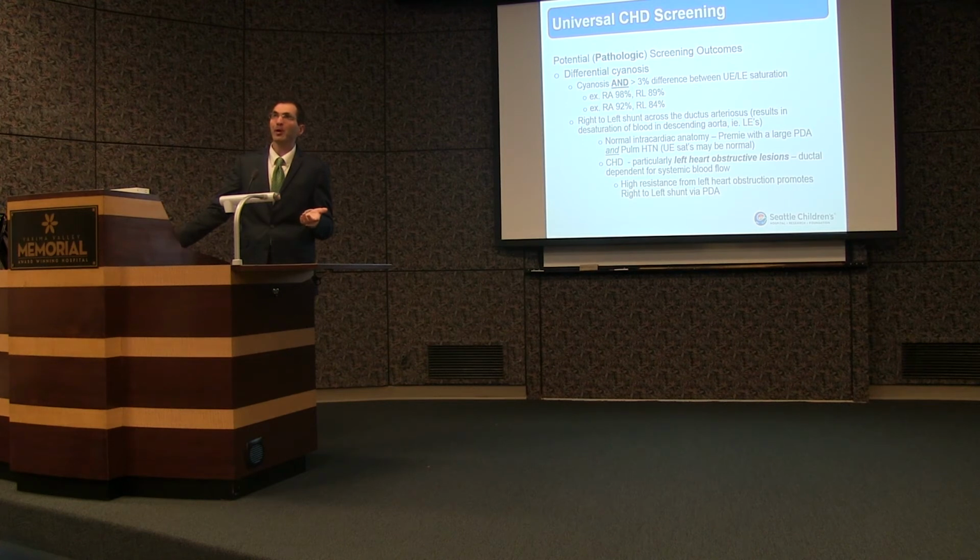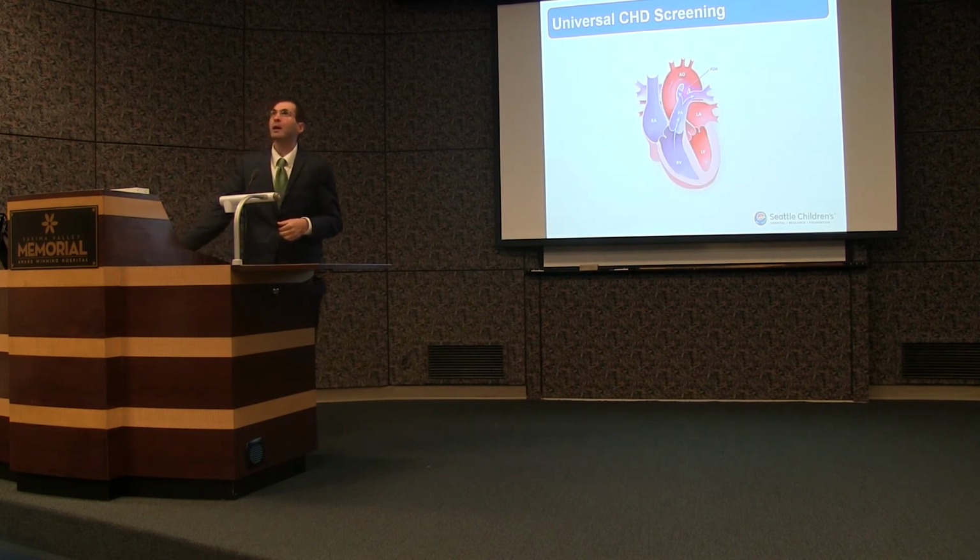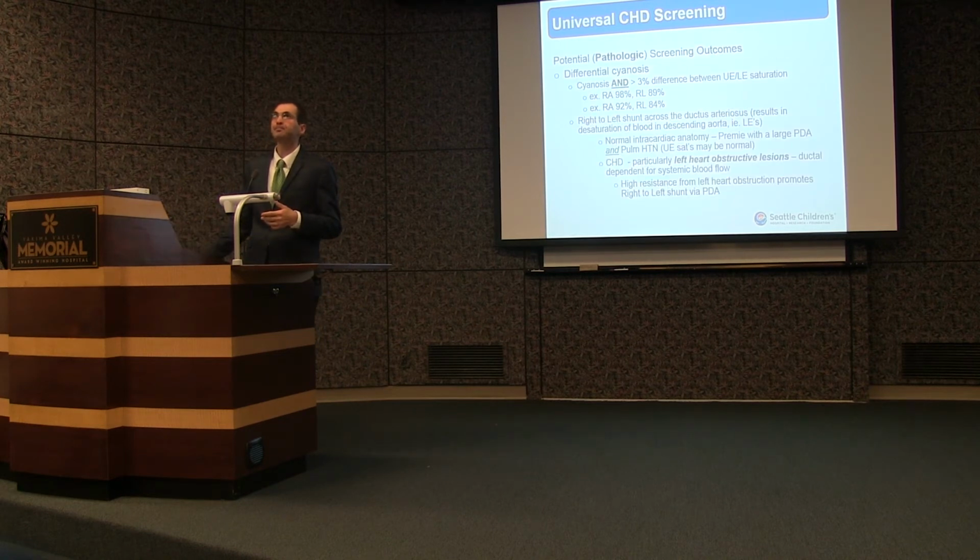With that pulmonary hypertension, the baby can have a structurally normal heart, but because of that increased resistance, so I'll go back a couple of slides, if there is increased resistance here, that's going to promote right to left shunting here, because blood will follow the path of least resistance. So that's a scenario where you can have a normal upper extremity saturation but diminished lower extremity saturation, because the lower part of the body is getting the deoxygenated blood because of the elevated pressures. Meanwhile, everything else inside of here is entirely anatomically normal.